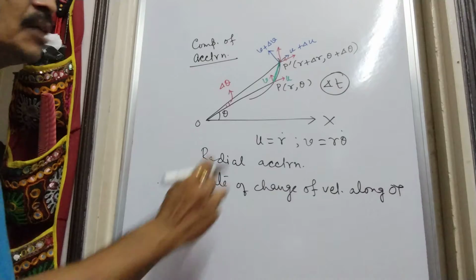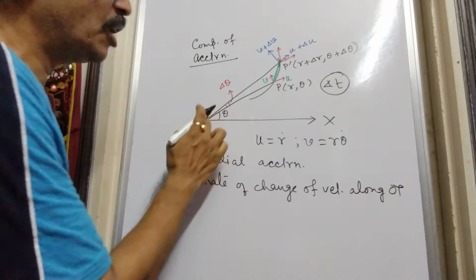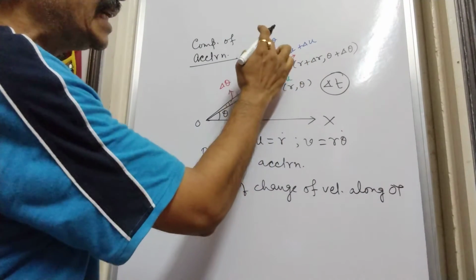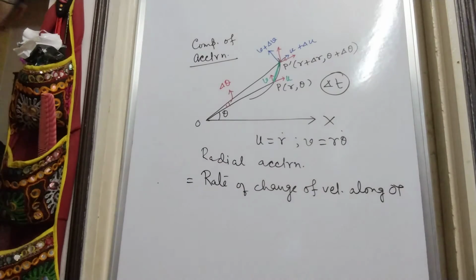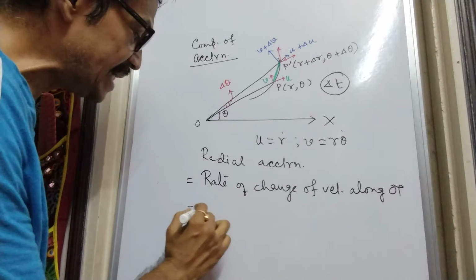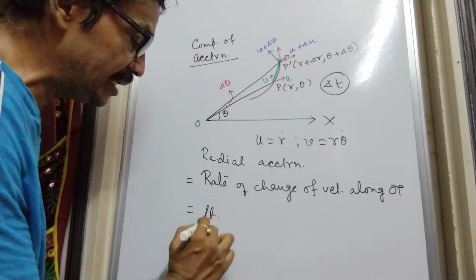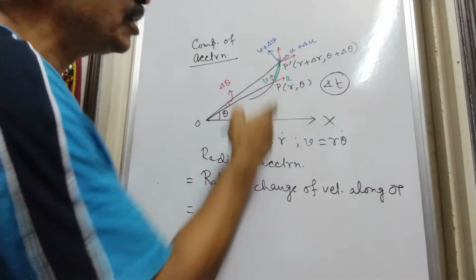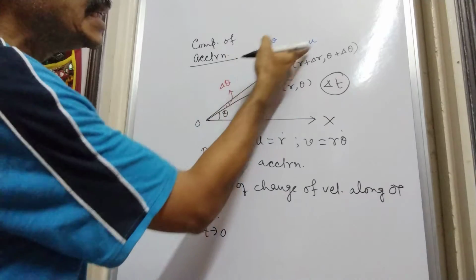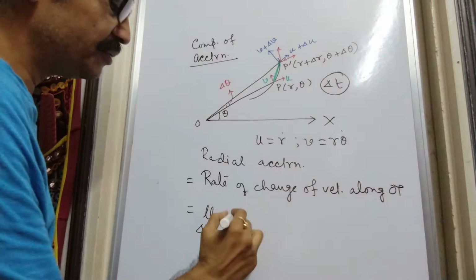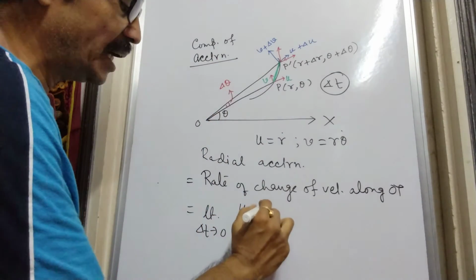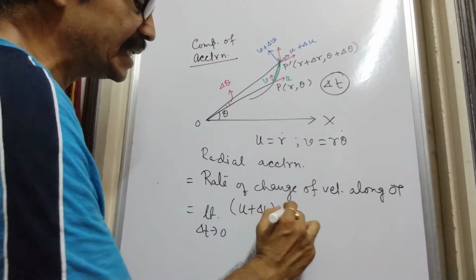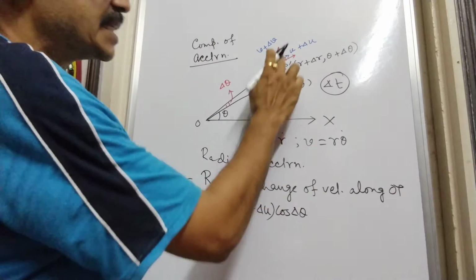Just see that now the velocity is u plus delta u along OP prime and v plus delta v along the perpendicular direction of OP prime. So what is the change? The change is when you take the limit of delta t tends to 0 and we take the component of u plus delta u along this red line. So what is the component of u plus delta u along the red line? It is cos delta theta. Simple, since this is delta theta.